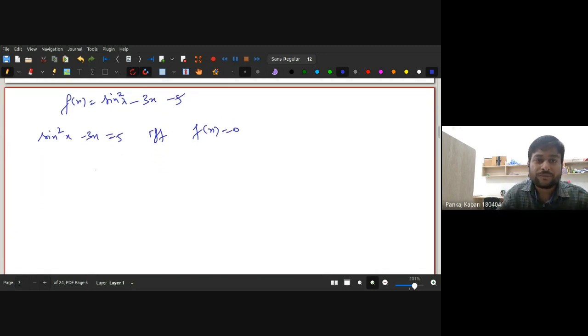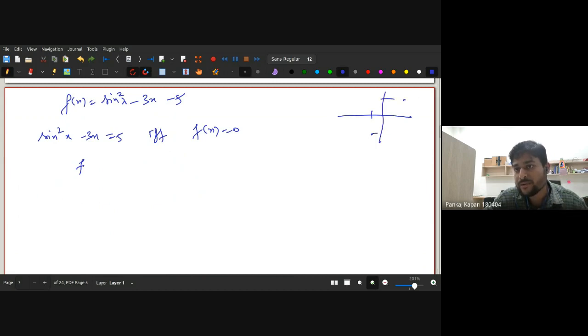For one thing, we can check if its values become positive or negative. If at some point the function value is negative and at some point its value is positive, it's changing sign.